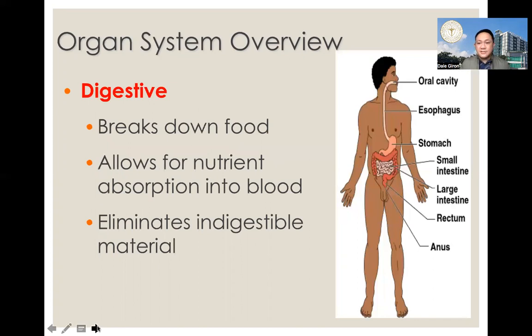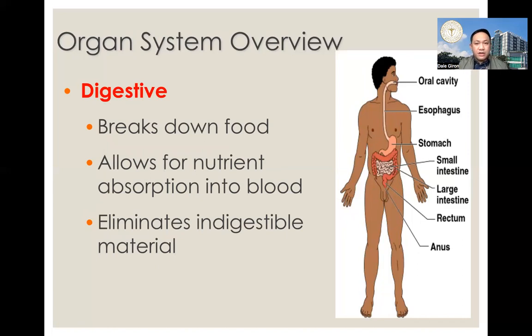All right, digestive system. From the word itself, digest or digestion. It breaks down food, it allows for nutrient absorption from the food, and it eliminates indigestible material. As you can see in this picture, from the oral cavity it goes down to the esophagus. Digestion already begins in the oral cavity, using saliva.